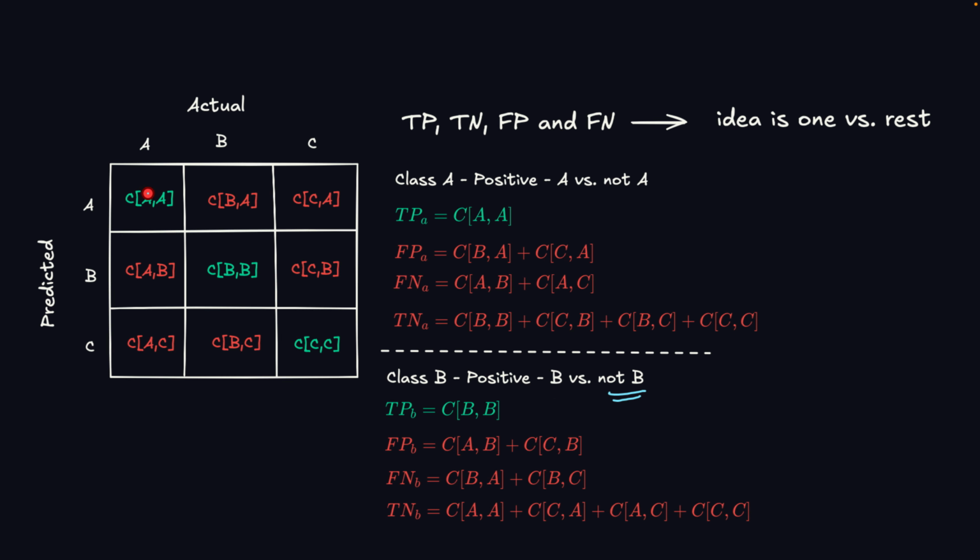So we have correctly predicted not B as not B. That is why this is called true negative.